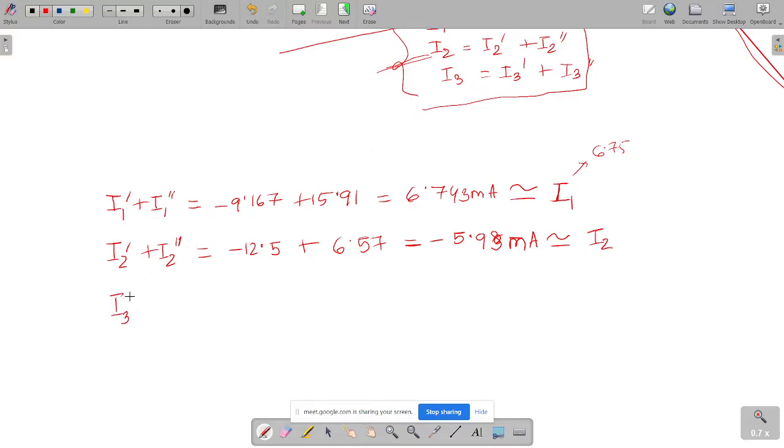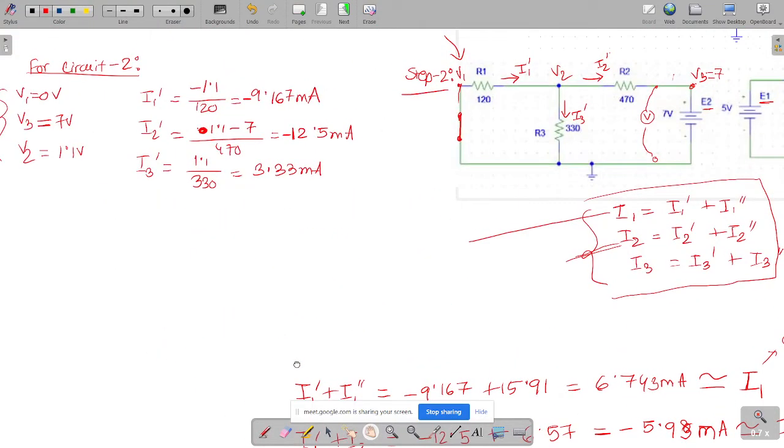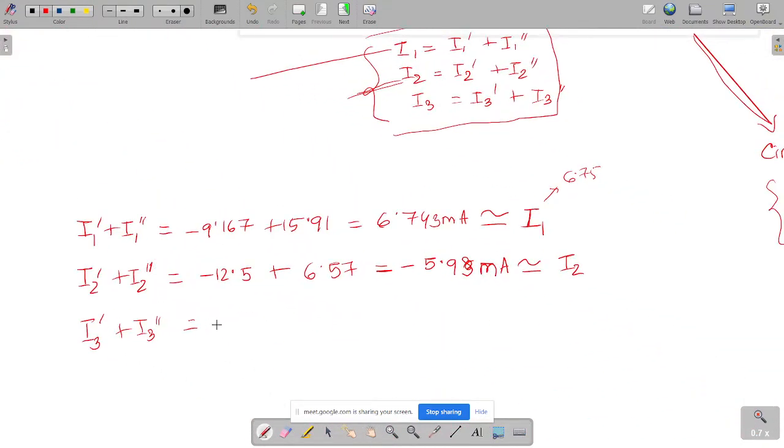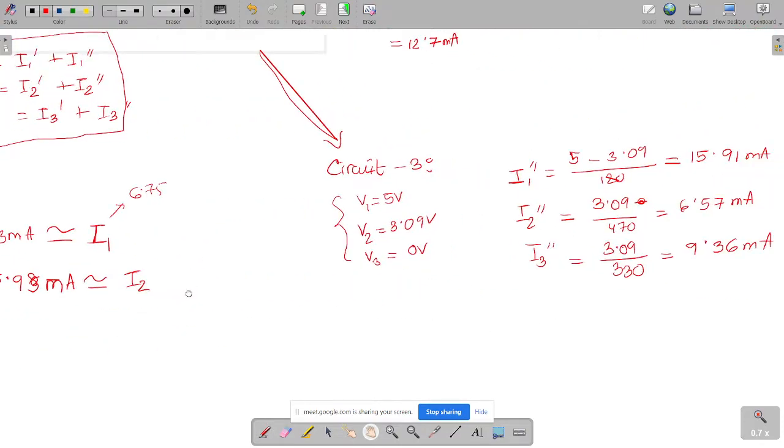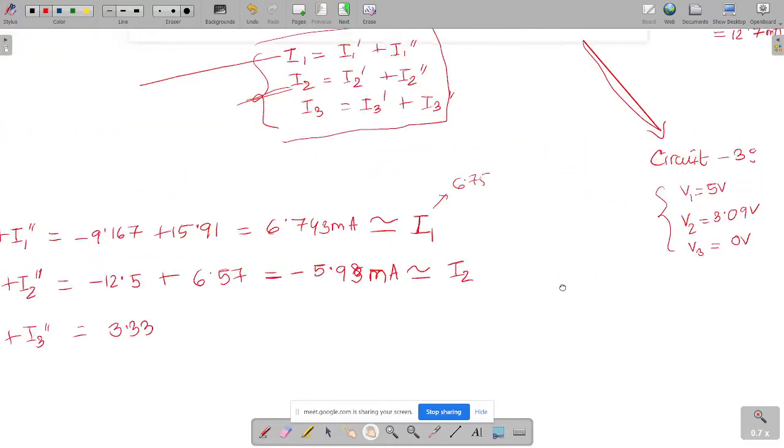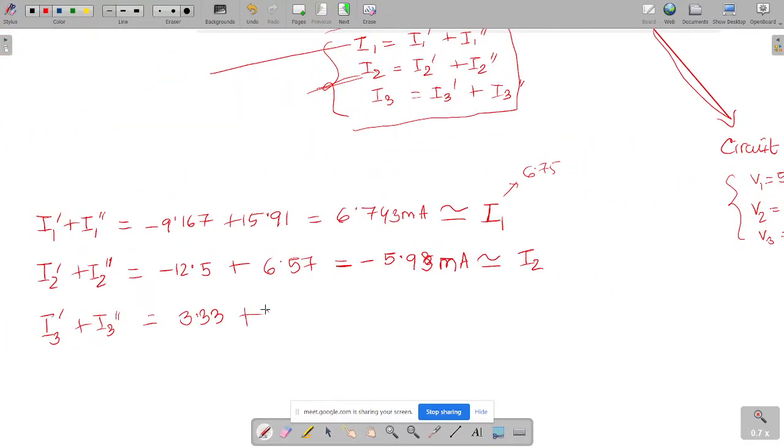The third equation is the summation of I3 prime and I3 double prime. So what was I3 prime? 3.33. And what about I3 double prime? It was 9.36. So how much would be the value? 12.69 milliampere.